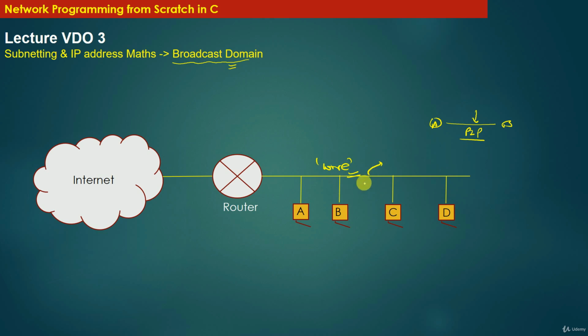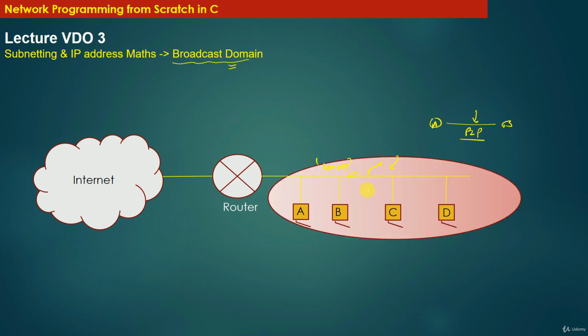But if on a single wire more than two machines are connected, then such a wire is referred to as a broadcast domain. This is the broadcast domain in which machines A, B, C and D are present along with the router.